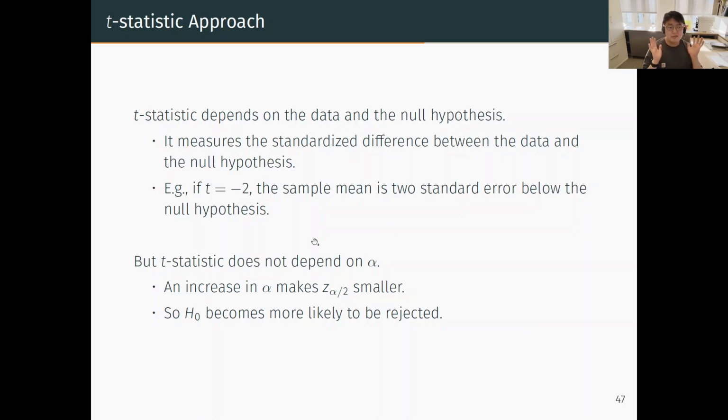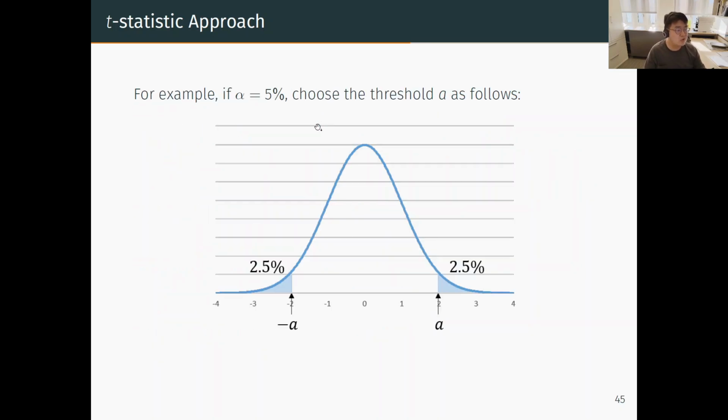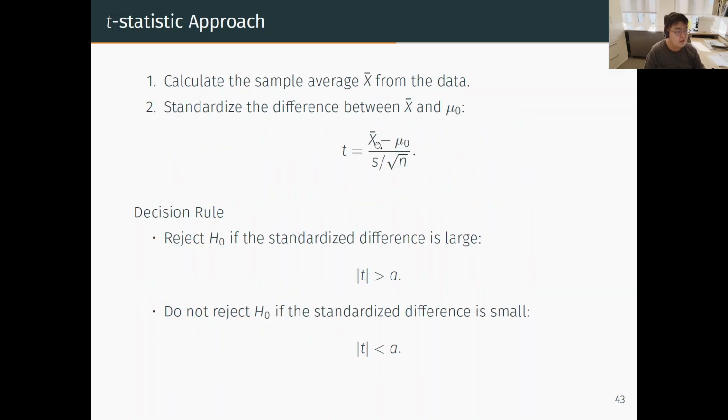Also, many software packages are built to calculate the t-statistic. They will give you the t-statistic if you enter the data. Think about that: the t-statistic depends on the data, like X bar, the standard deviation, the sample size, and your hypothesis.